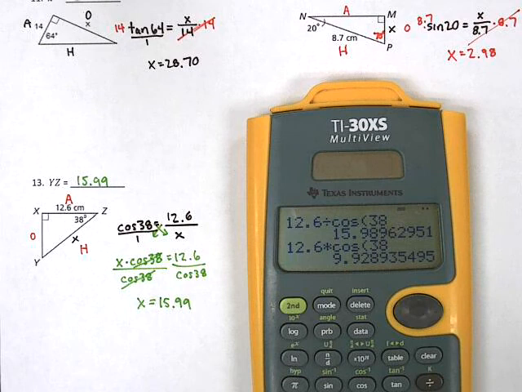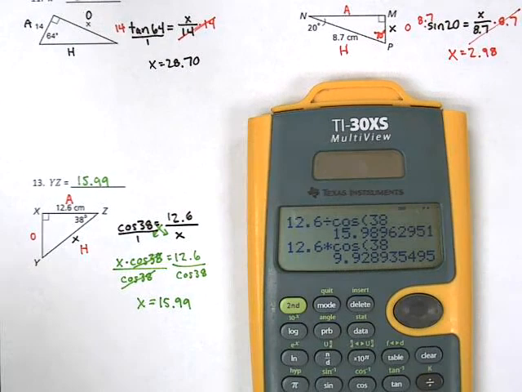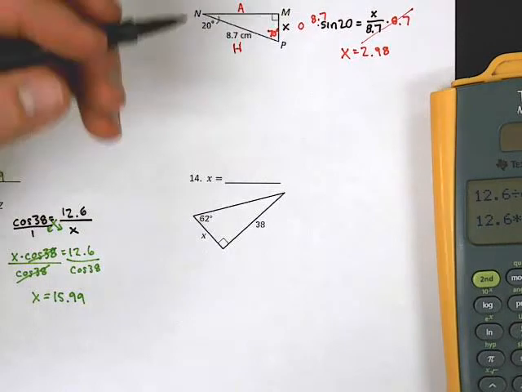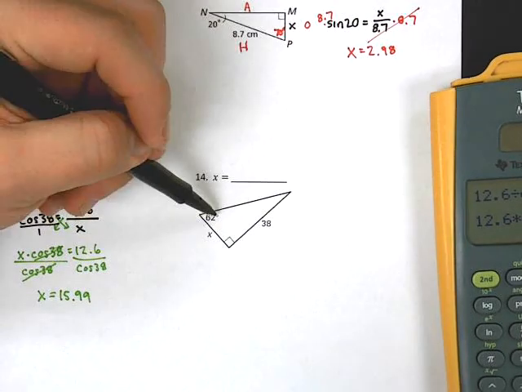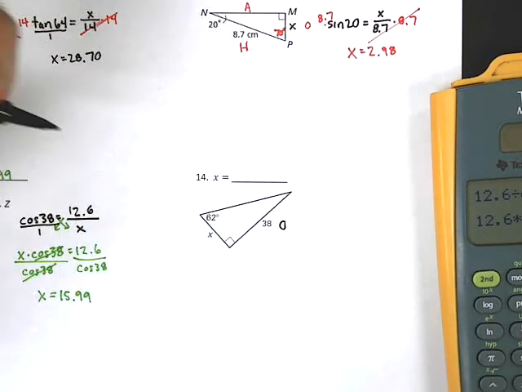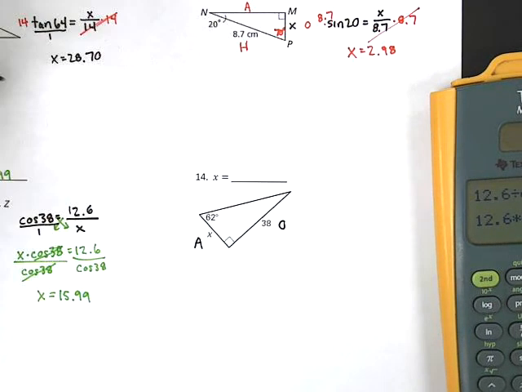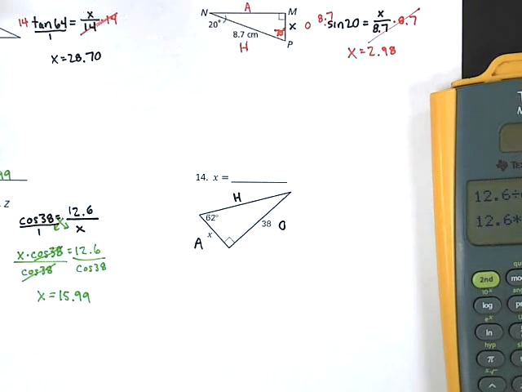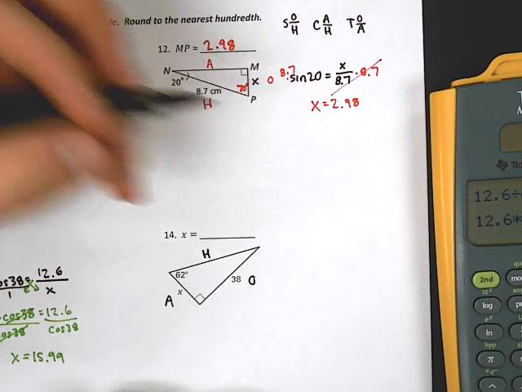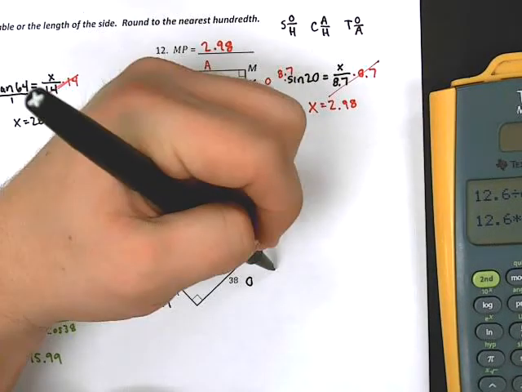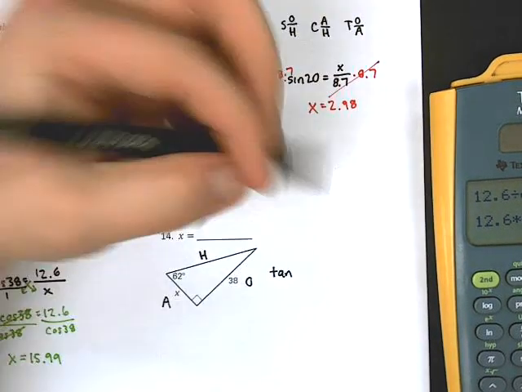All right? Okay. Last one. What's going on here? Okay, so 62 degrees. That means 38 is my opposite. X is my adjacent. I don't have the hypotenuse, so I have to use opposite adjacent. Hopefully you're figuring these out. Tangent.